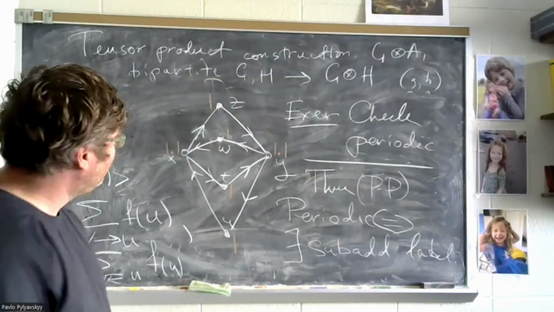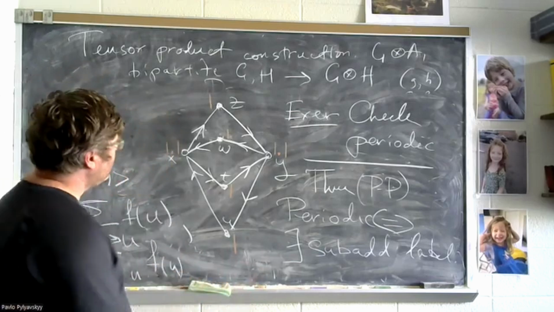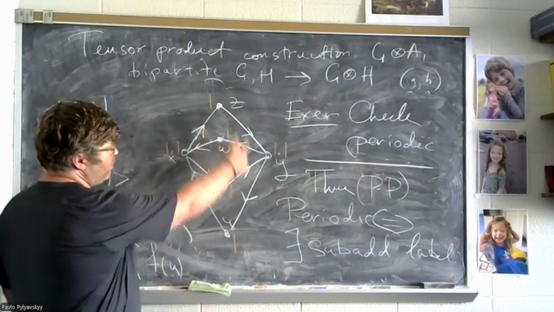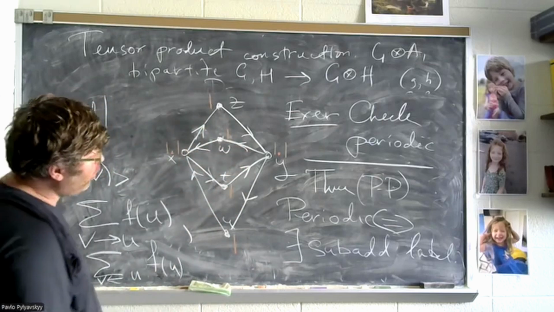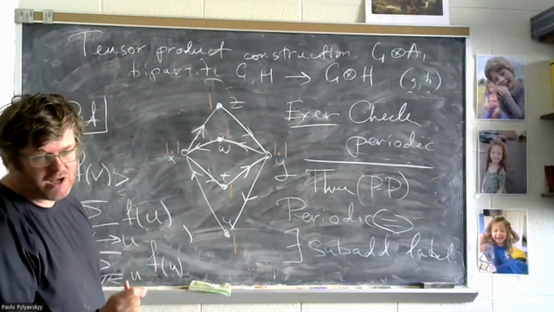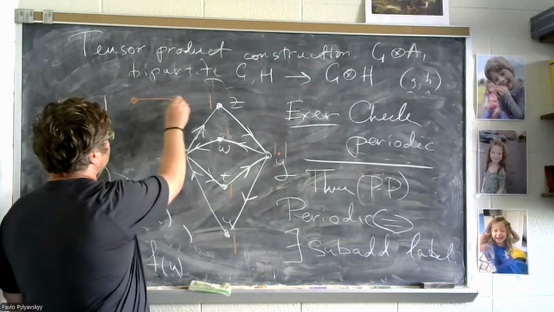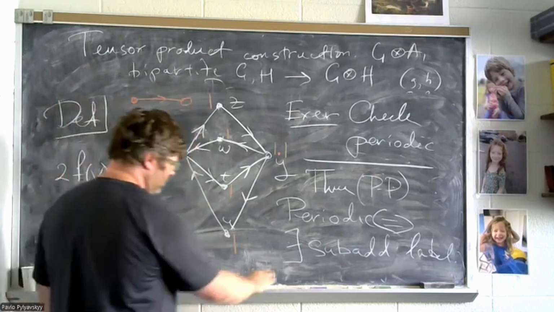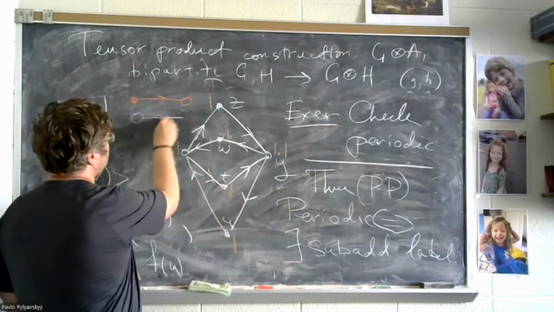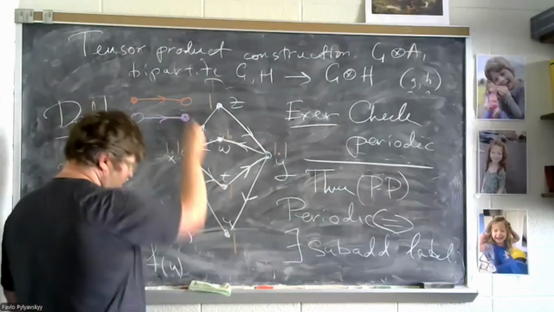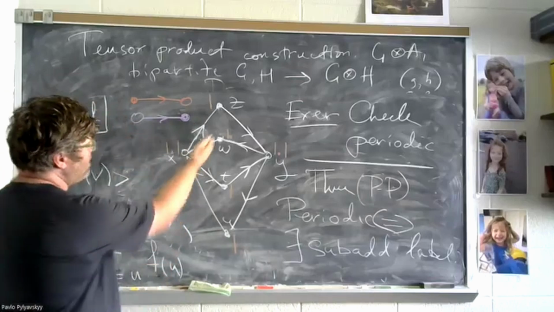Let's take our quiver and color all edges which go from black to white red. So black to white, color red. And white to black, let's color them blue. For some reason, I don't have blue, so I'll use purple. Okay, so what will happen in this case?